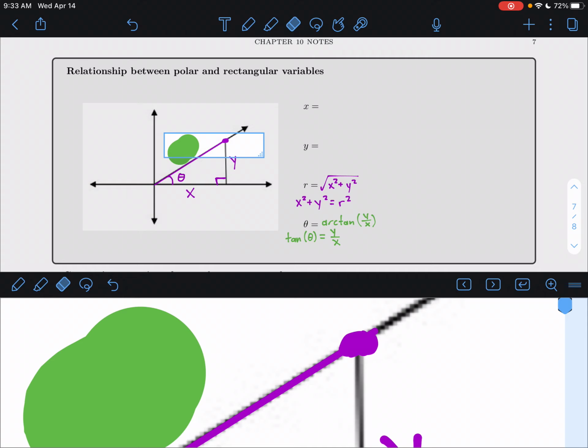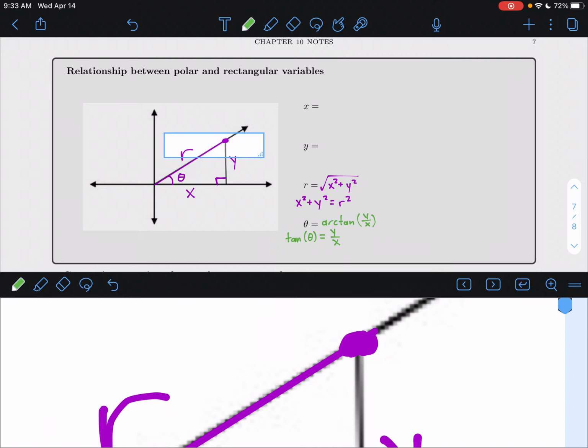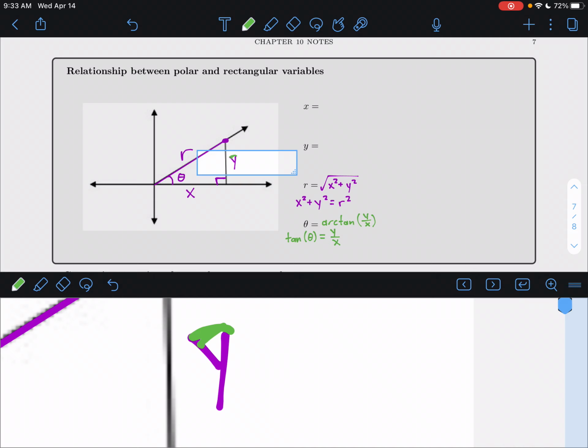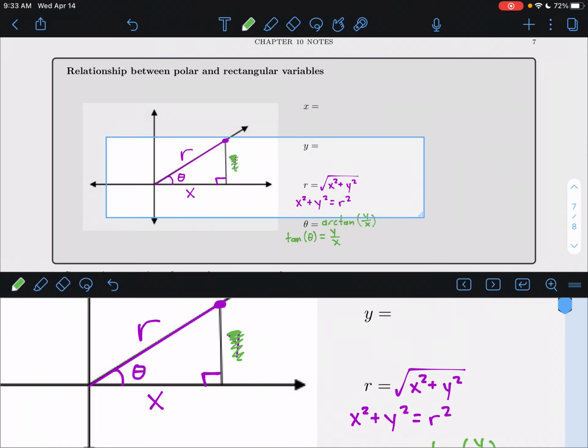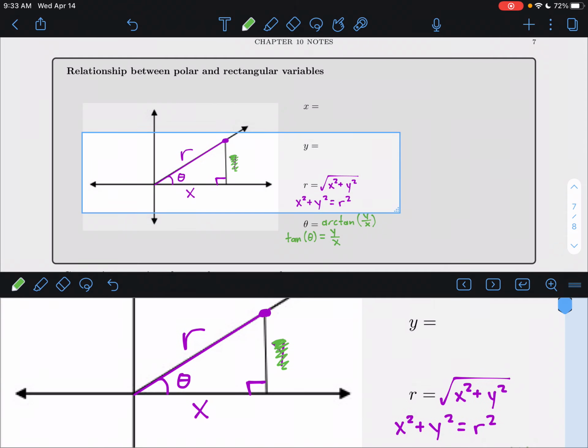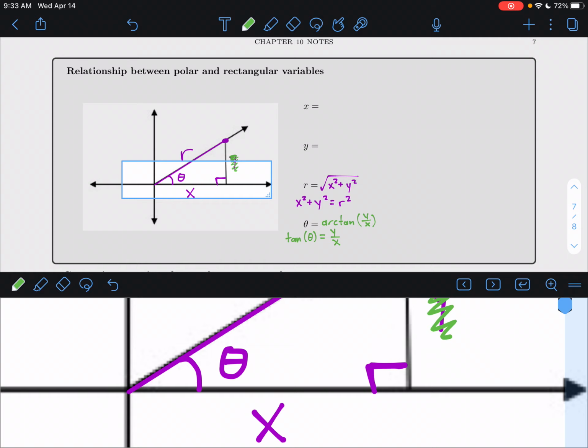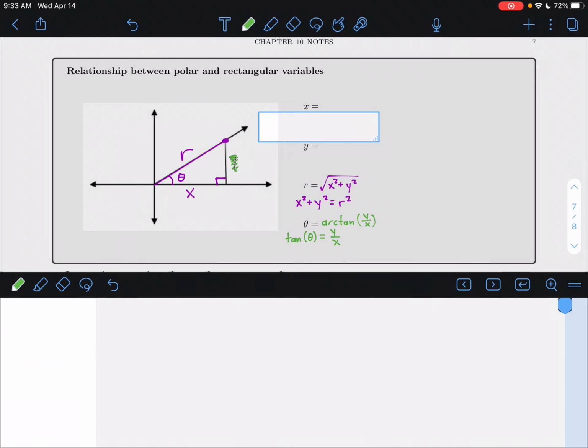Now let's look at writing x and y in terms of r and theta. So if I want to write x just in terms of r and theta, I'm ignoring the y. Again, I have theta, which is an angle. X is adjacent, and r is the hypotenuse. So think back again, SOHCAHTOA.